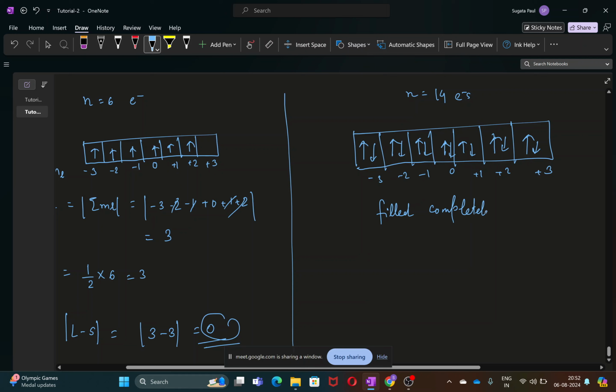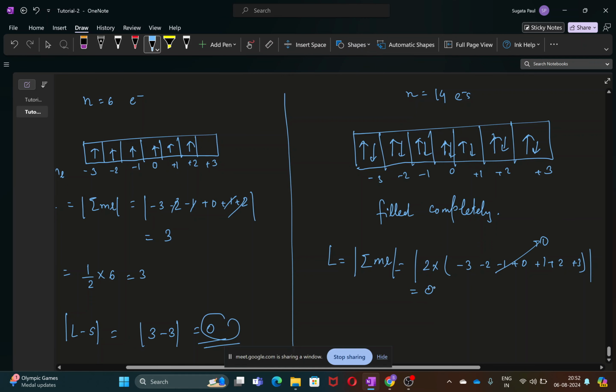So obviously in such a case your L is the mod of ml, which is nothing but 2 into, because there are 2 electrons in each of the compartments, minus 3, minus 2, minus 1, plus 0, plus 1, plus 2, plus 3. So this whole term is 0.